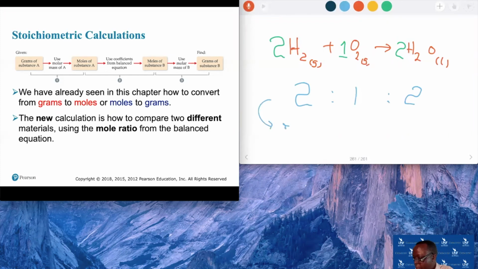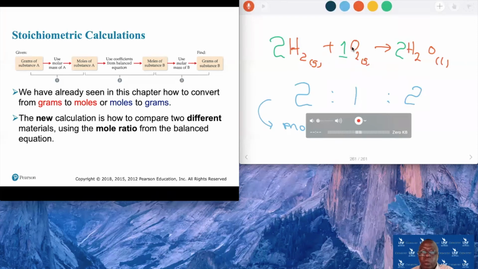Here our mole ratio is interpreted as: for every 1 mole of oxygen consumed, 2 moles of hydrogen gas are consumed; for every 1 mole of oxygen consumed, 2 moles of liquid H2O are produced. For every 2 moles of hydrogen gas consumed, 2 moles of liquid H2O are produced.